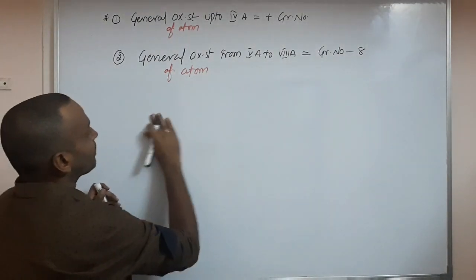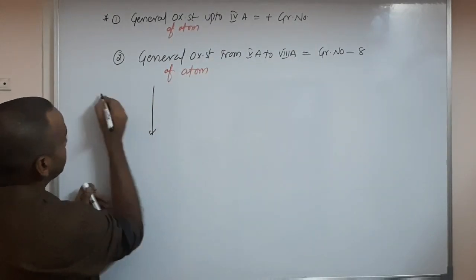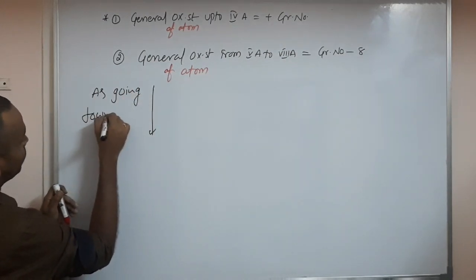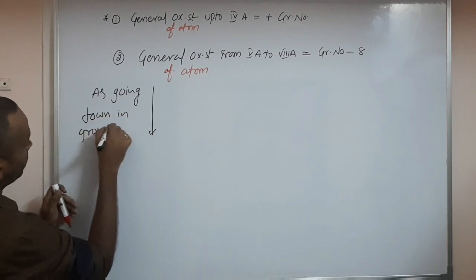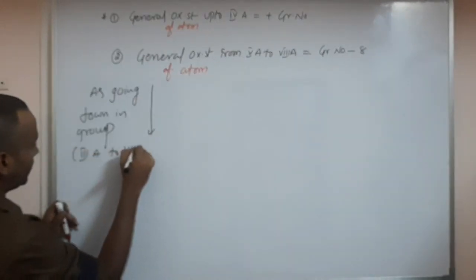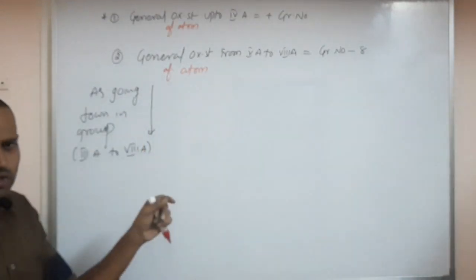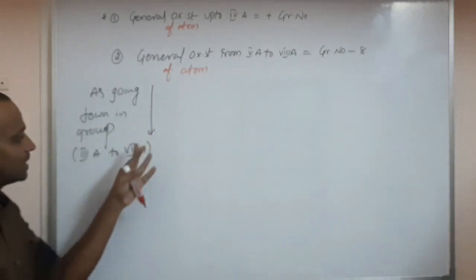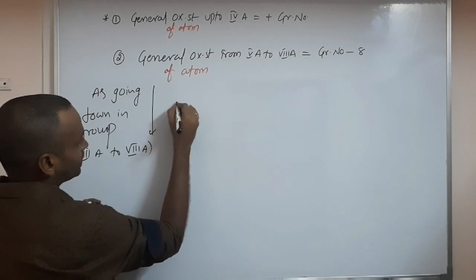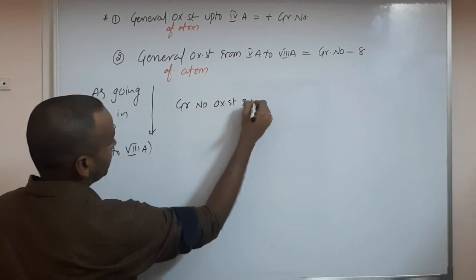Correct? Okay. So one more, as going down, I told you this, as going down in any group from 3A to 8A, you consider the 3A group or you consider the 8th group, one more oxidation state exists, that is the group number oxidation state.